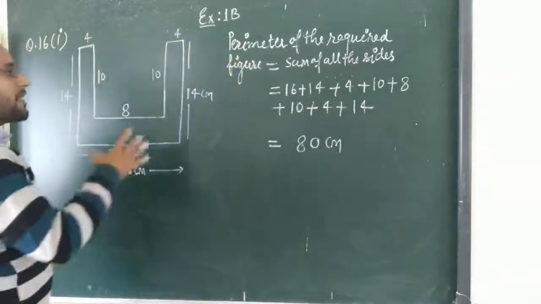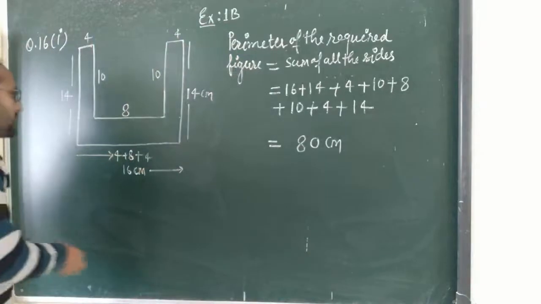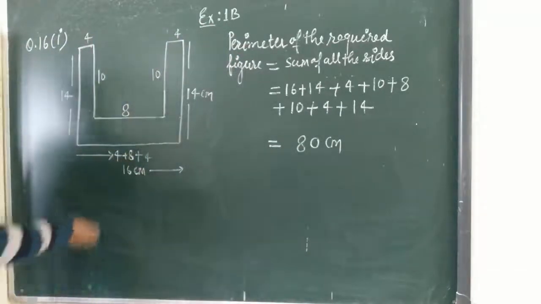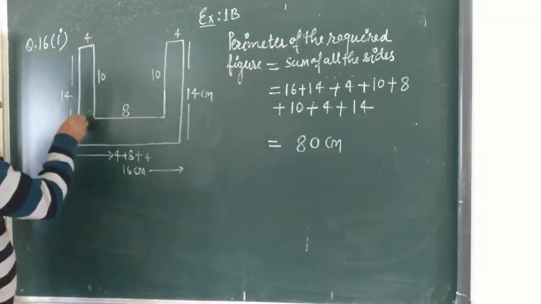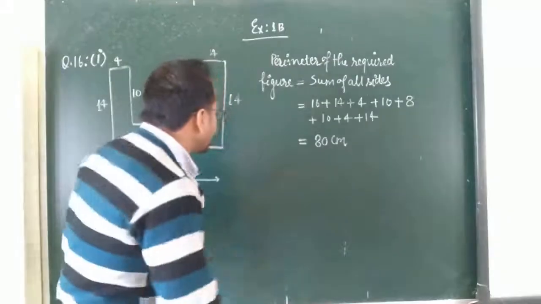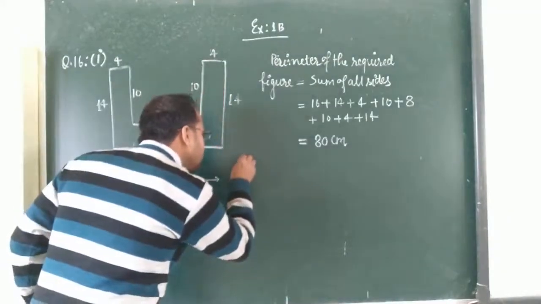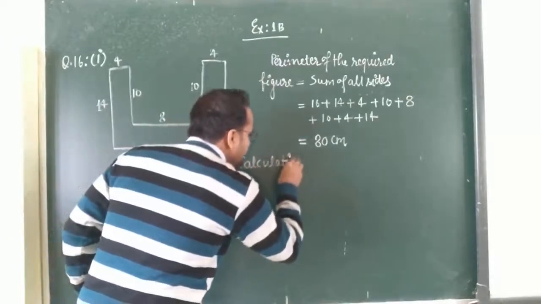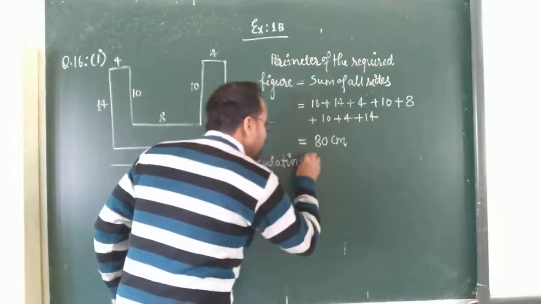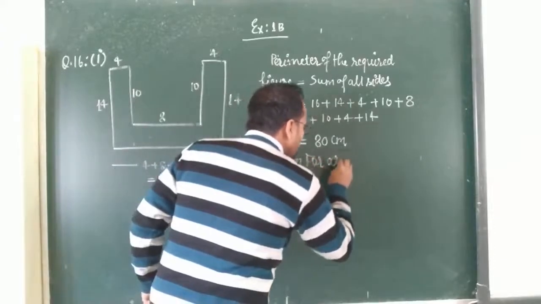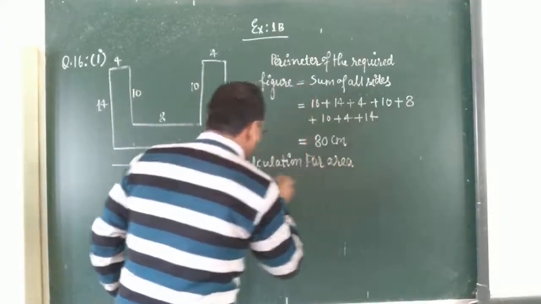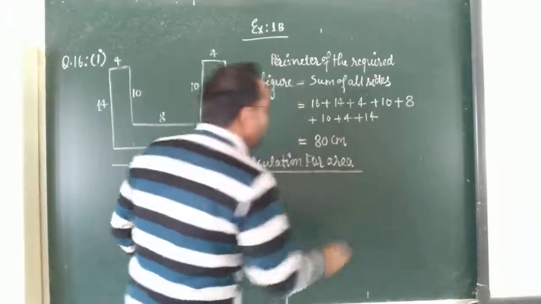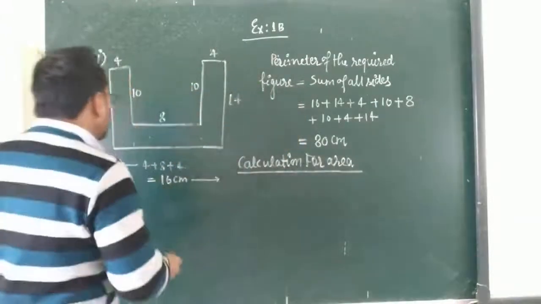Now our aim is to find the area. So for area we can divide this figure into different parts. Now the calculation for area. Now I will divide this figure into several parts.